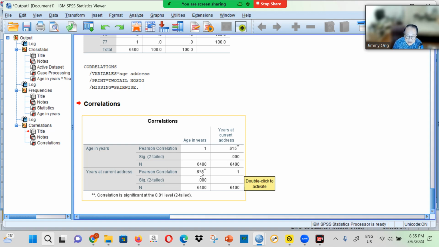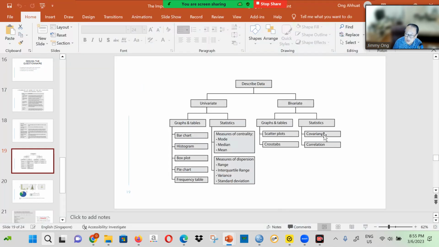And this one is quite correlated. 0.75 is already correlated. So this correlation is 0.6. See? So if you want to get everything from here, SPSS will be so happy to give you all this. Right? For example, you want to have this.